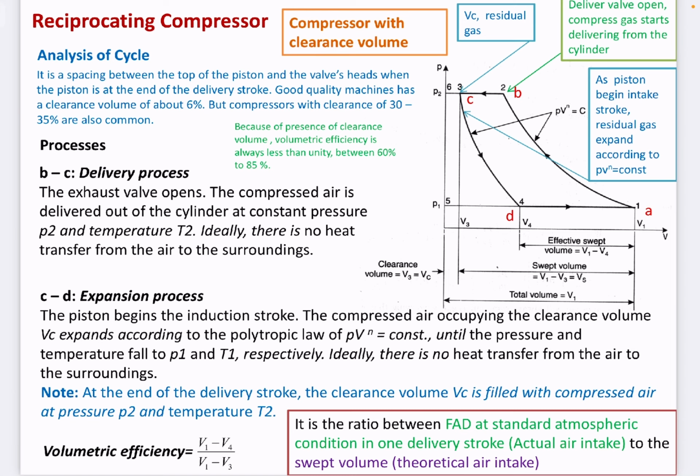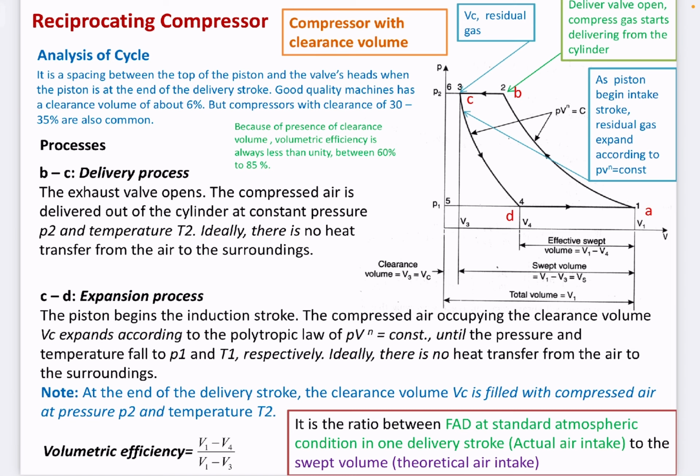Now because of that, you would see that the piston has reached position D, and still the suction has not begun. So the suction would begin now at D. So the actual volume taken by the compressor would be VA minus VD. Why is that so?